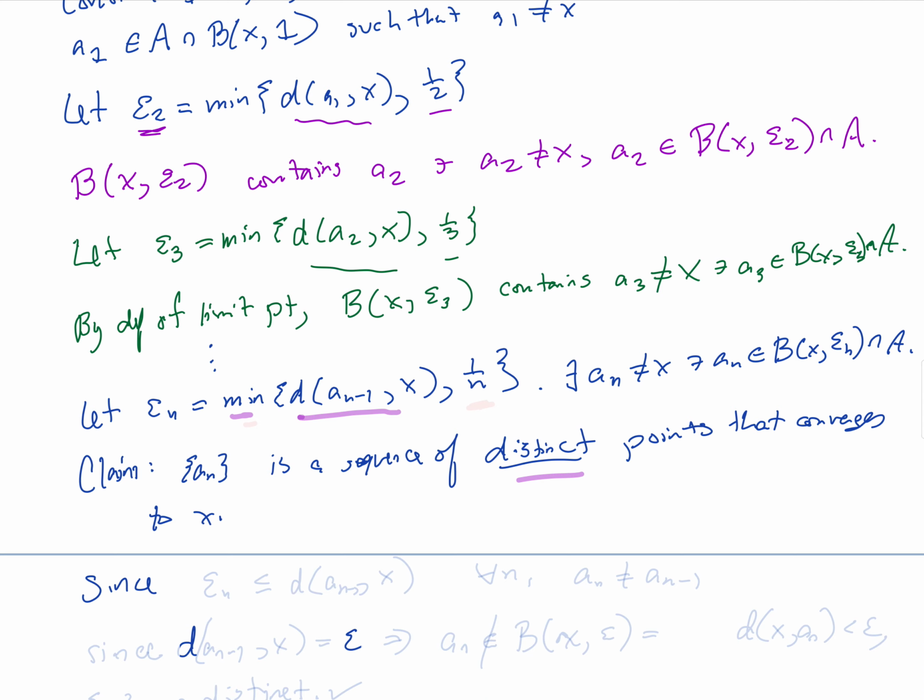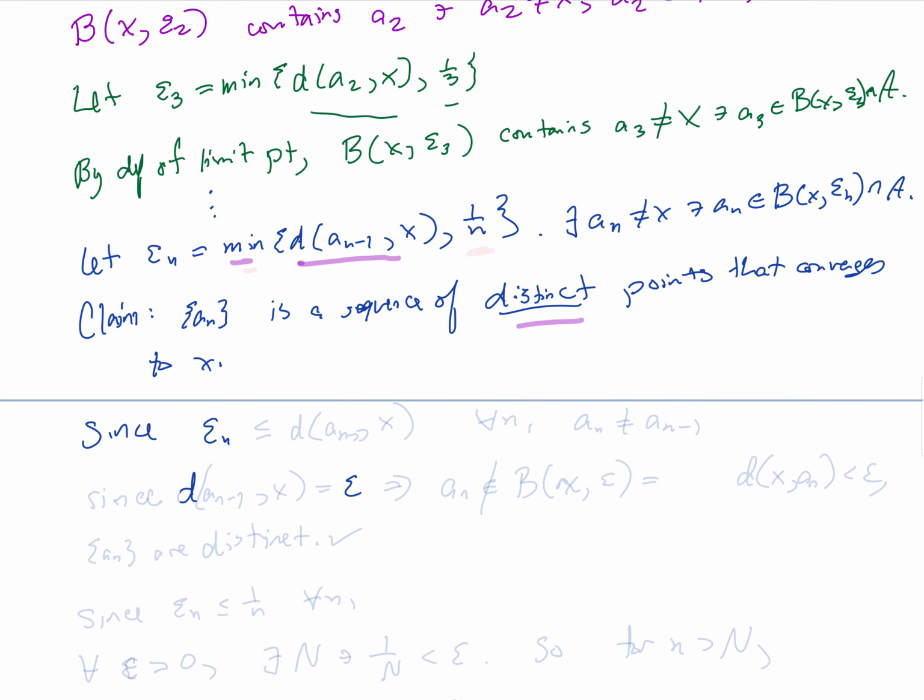So since epsilon n is less than or equal to the distance between A sub n minus 1 and X for all n, that means that A sub n cannot equal A sub n minus 1, since the distance between A sub n minus 1 and X is greater than or equal to epsilon n, which implies that A sub n is not an element of the ball centered at X of radius epsilon.